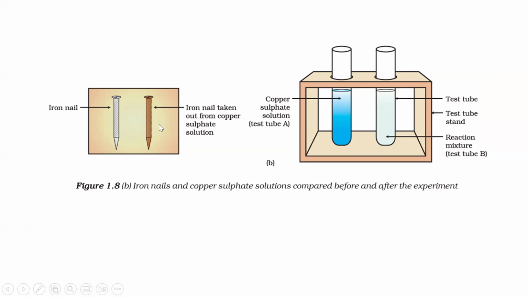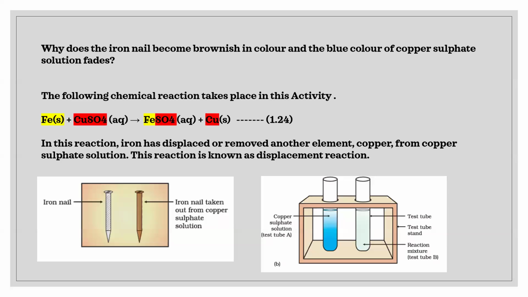See, the reason is, after inserting an iron nail inside a copper sulfate solution, a single displacement reaction is taking place. In copper sulfate solution we are inserting iron nail, right?